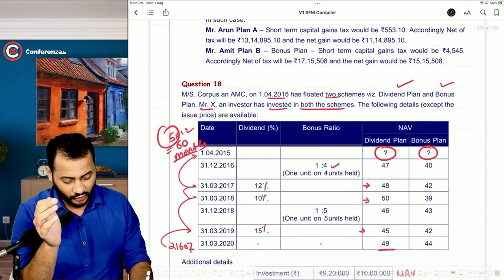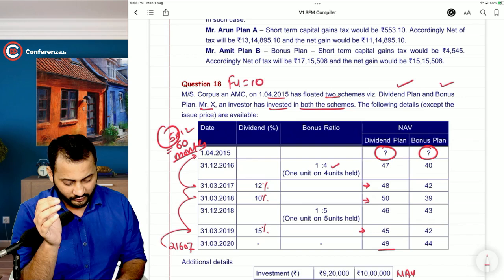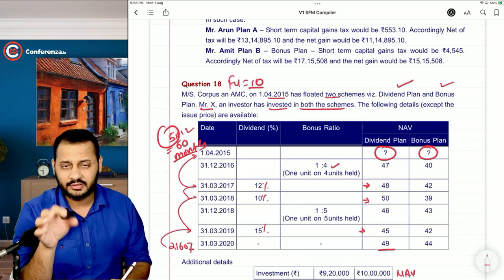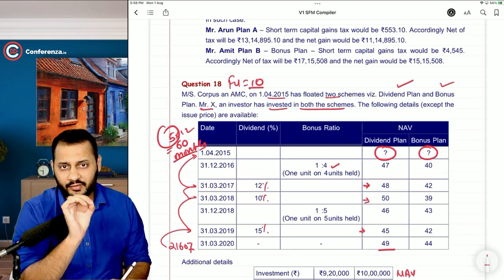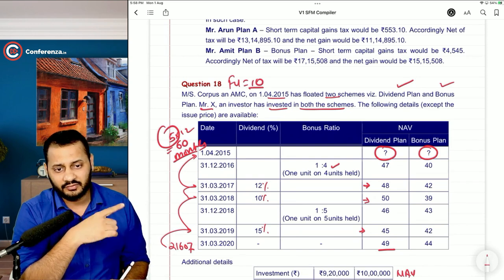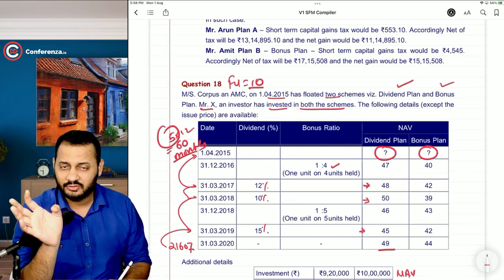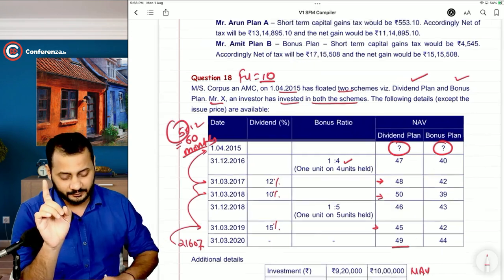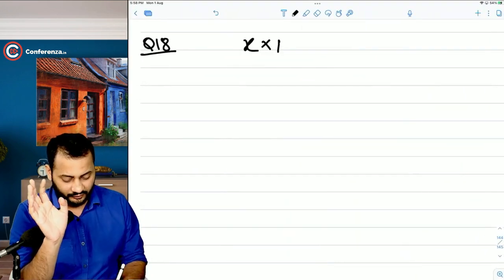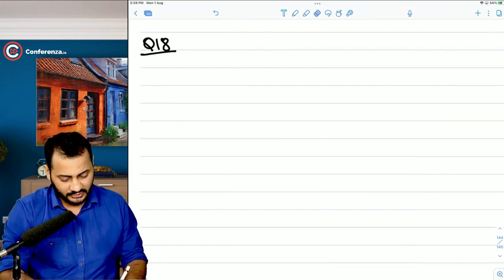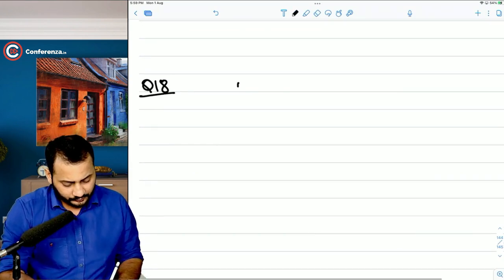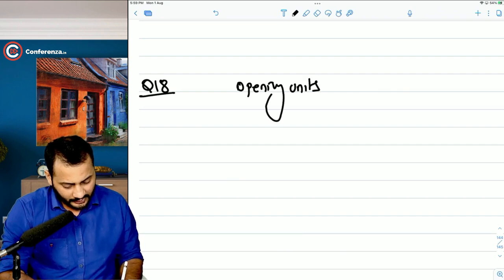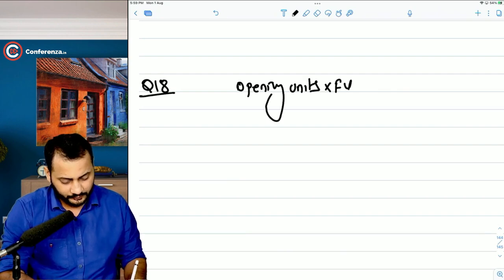So we are assuming the face value of rupees 10. That's the basic thing. Every time you have to assume a face value. Even if the NAVs are around 40-60 rupees, make sure the mutual fund's face value assumed is 10 rupees only. So X into the face value. I will just create a formula first. Opening units, tell me if I'm right, into face value multiplied by dividend rate.